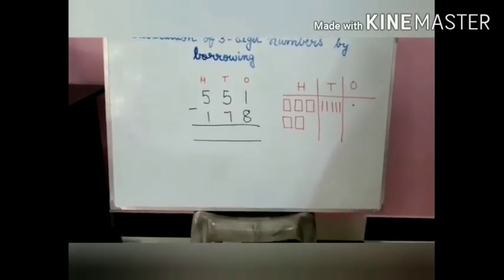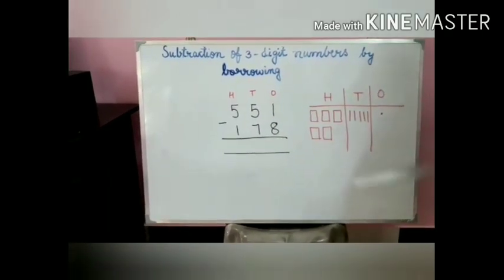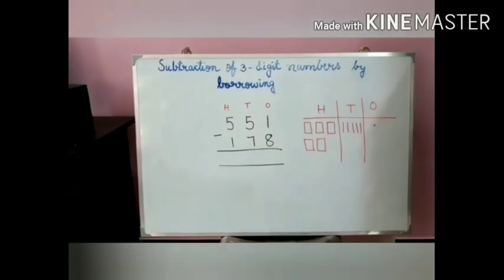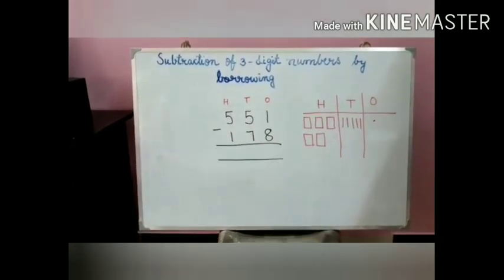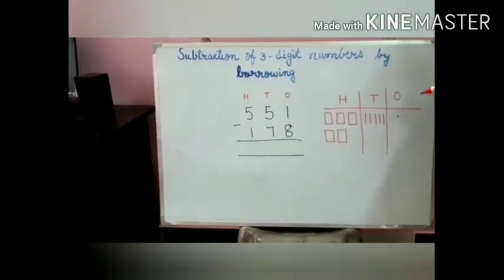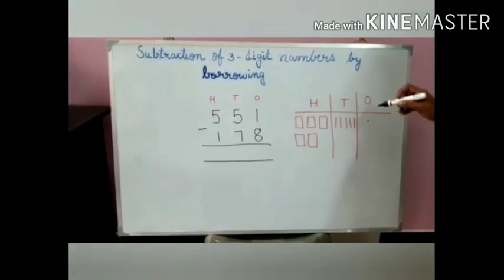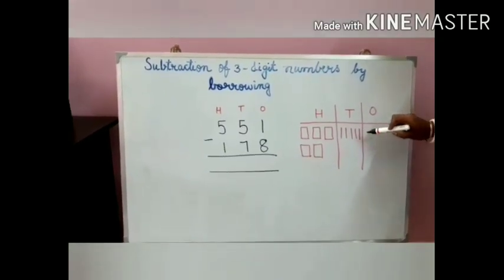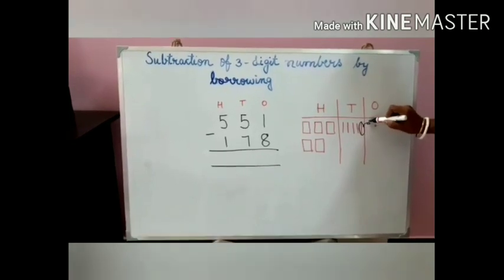So let's start, and always we will start from the ones place. In the ones place what am I having? 1 and 8. From 1 I cannot take away 8. Can I take 8 dots from 1? No, it's not possible. For this I have to borrow 10 from the tens place.